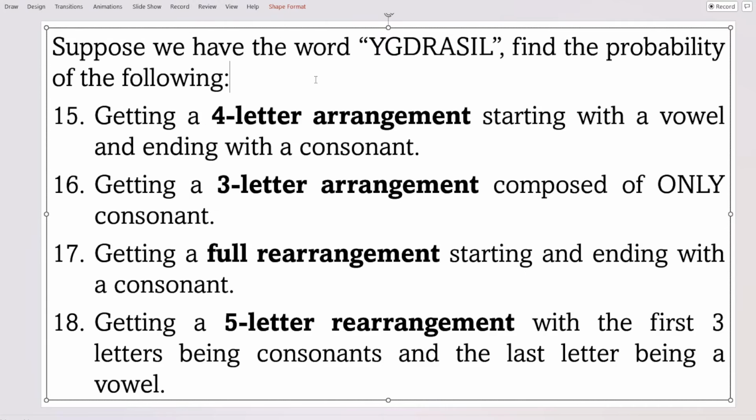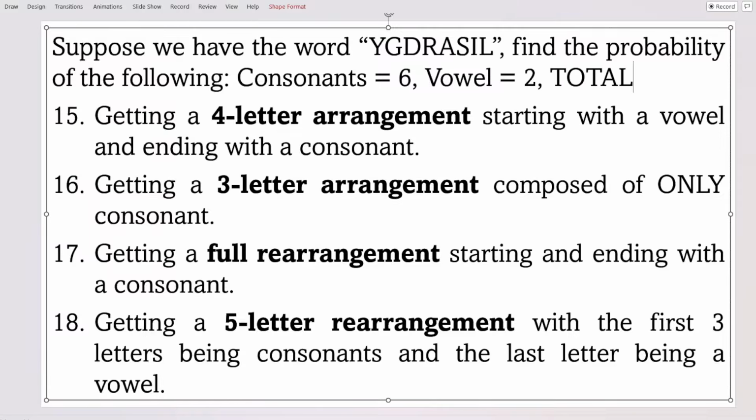So what we can do here is identify how many vowels and how many consonants are there in Yggdrasil. For consonants, we have Y, G, D, R, S, and L. So that is 6. For vowels, we have 2, which is only A and I. And then let's put the total letters. Total number of letters is obviously 8 letters here. Let's keep that in mind.